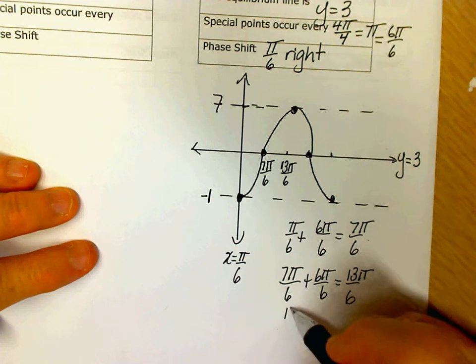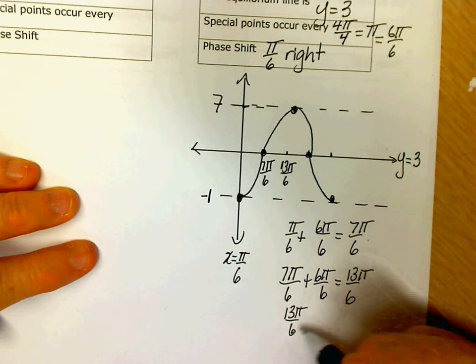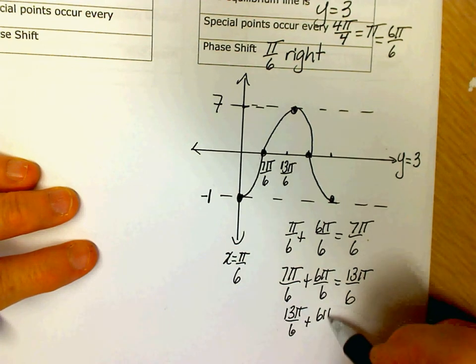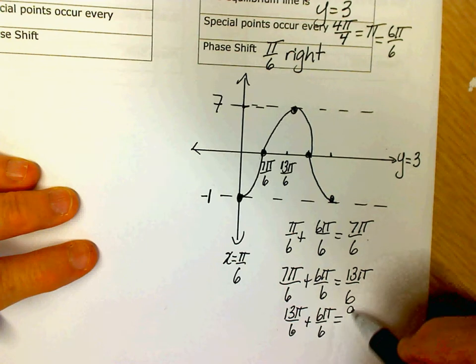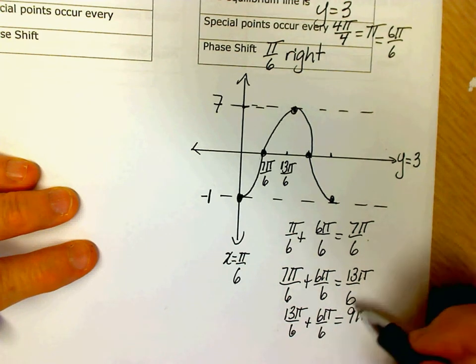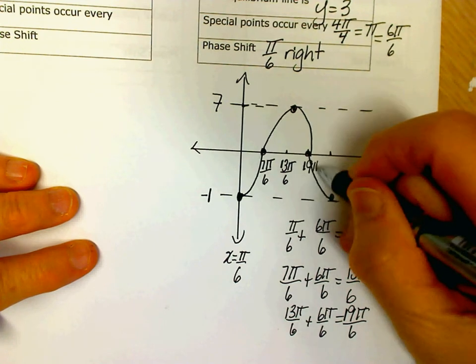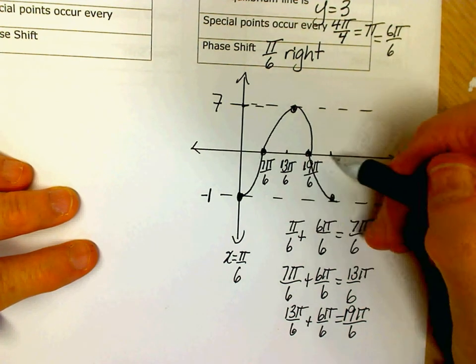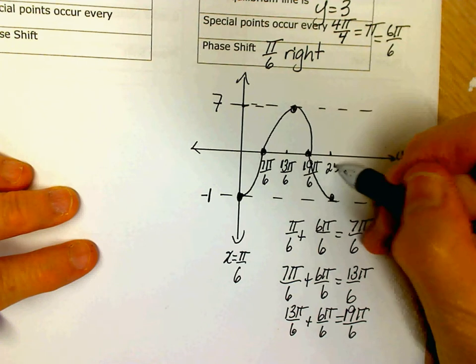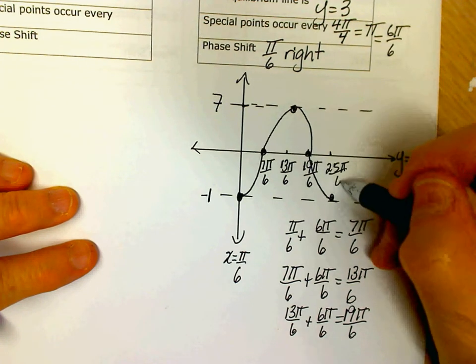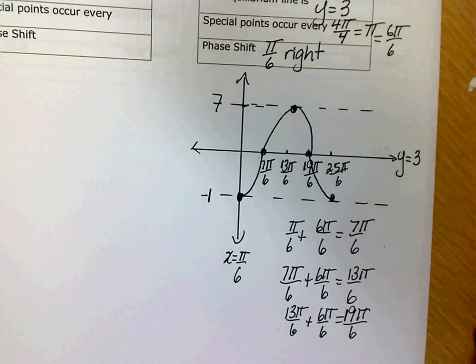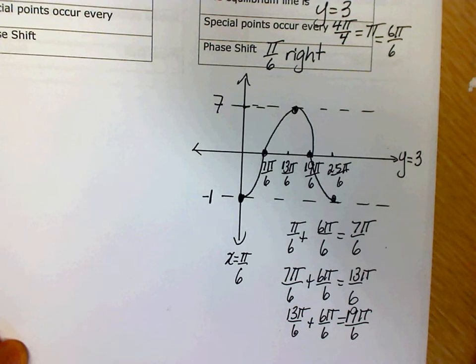So this is 13 pi over 6. And we keep going. 13 pi by 6 plus 6 pi by 6 equals 19 pi by 6. Then 19 plus 6 is 25 pi by 6. Makes sense?